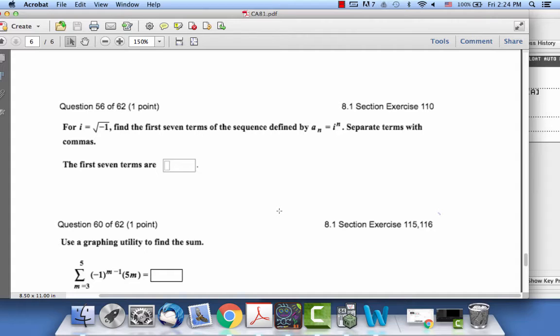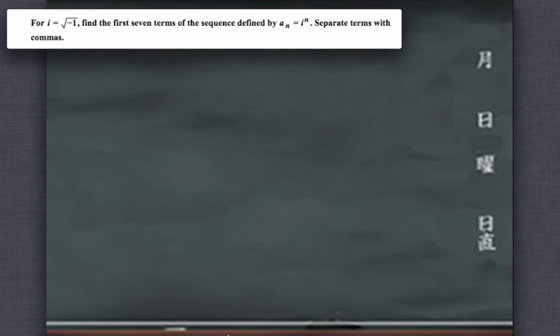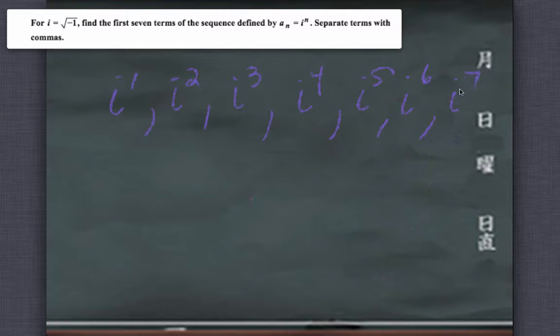We know that i is the square root of -1, so we want to find the first 7 terms of the sequence defined by a sub n equals i to the n. Okay, so the first one, a sub 1, is i to the 1, and then it's going to be i to the 2, i to the 3, i to the 4, i to the 5, i to the 6, i to the 7.